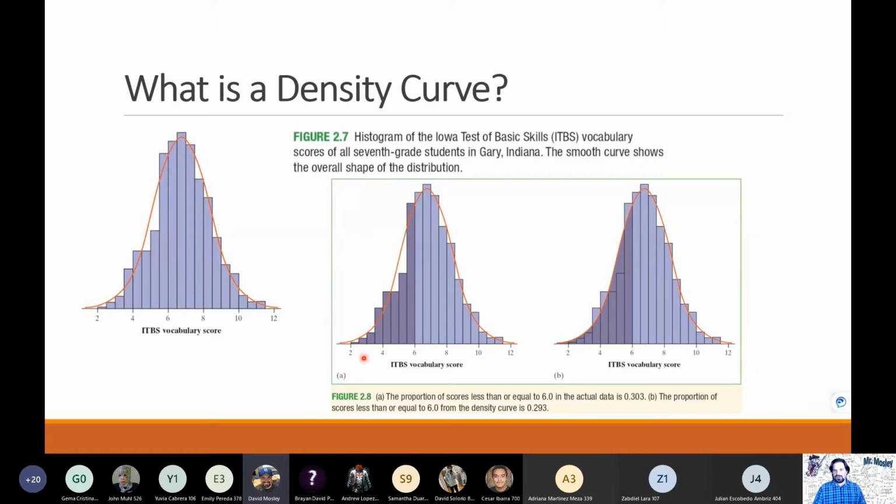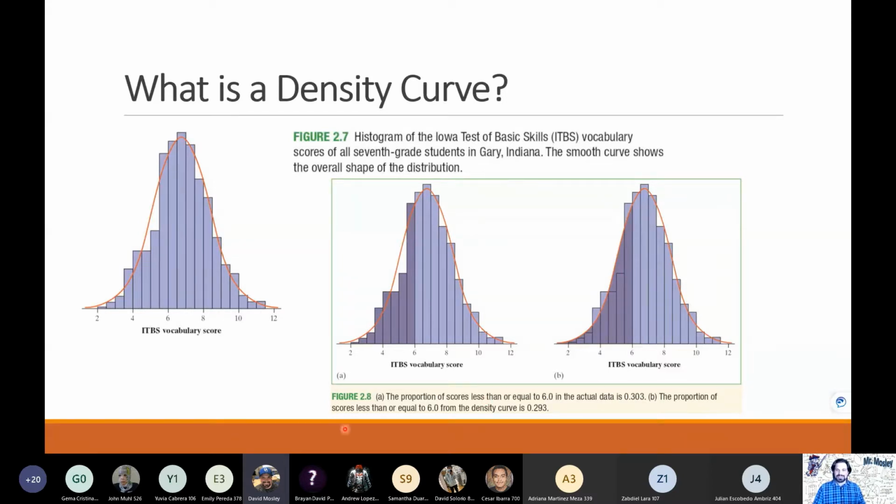If we look at figure A on these other two graphs, we're looking at the proportion of scores less than or equal to 6.0 on the actual data. That's the one on the left. Notice how the bars are all shaded in here. If we use the actual data, we get a proportion of 0.303, or 30.3% if we're thinking of it as a percentage.